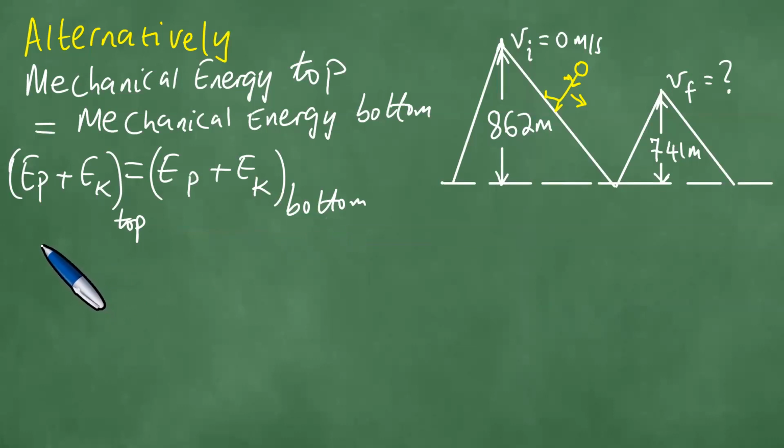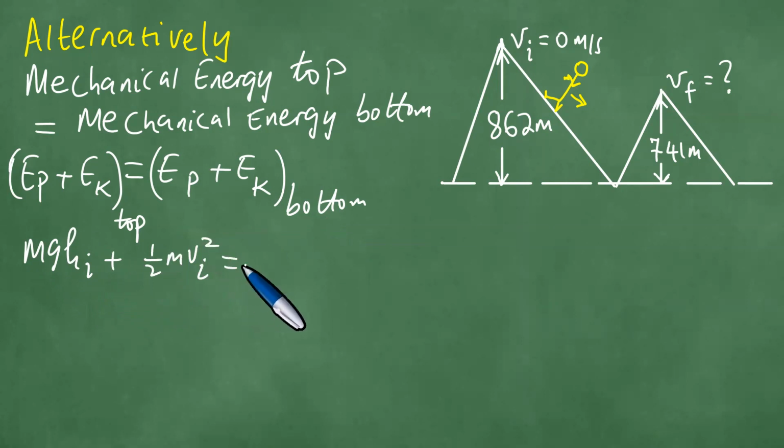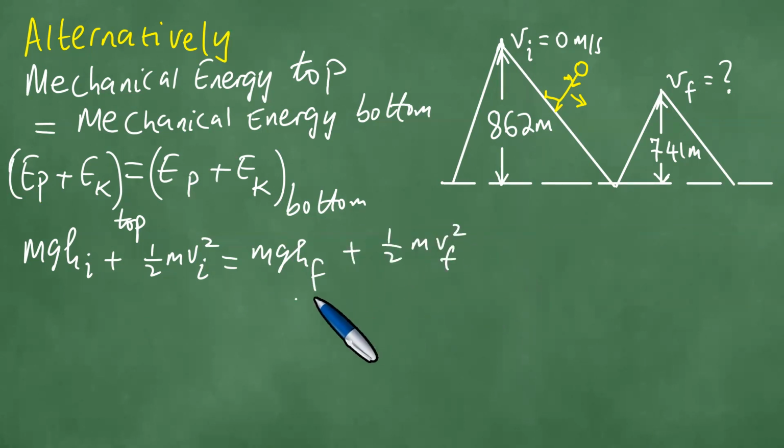Meaning, in the end we have mgh initial plus half mv initial squared, which equals mgh final plus half mv final squared.